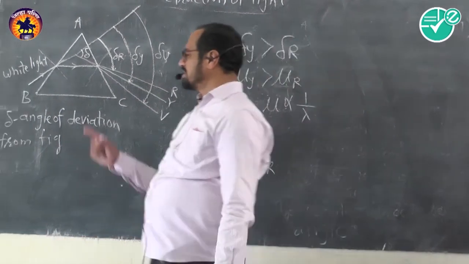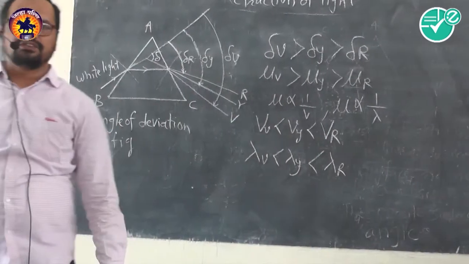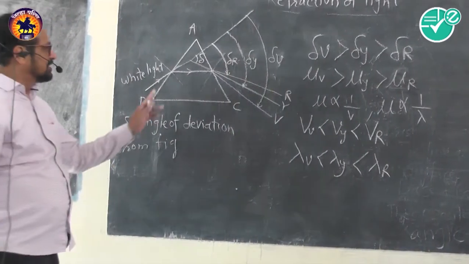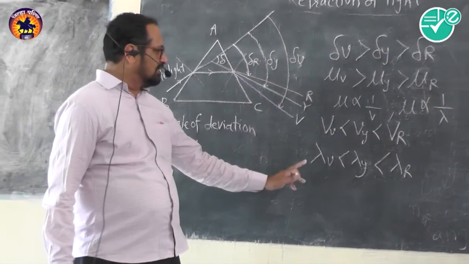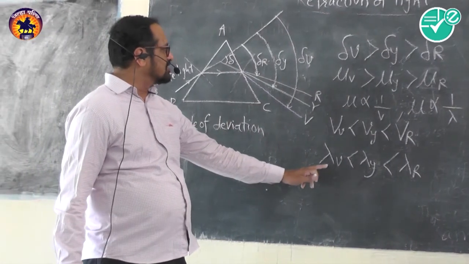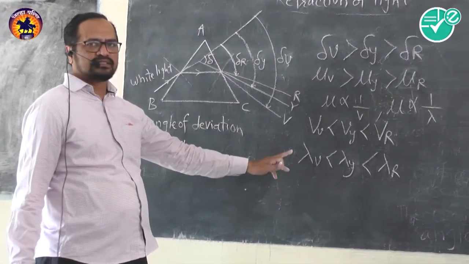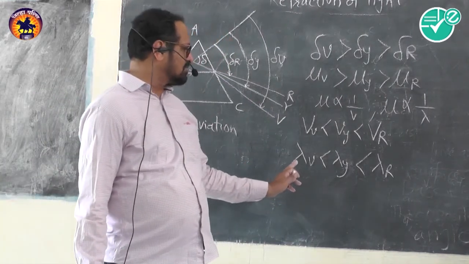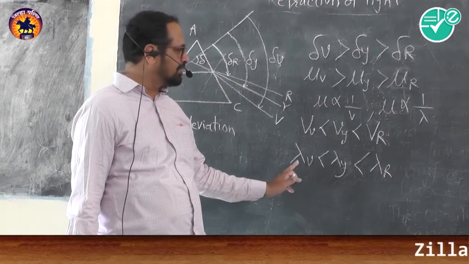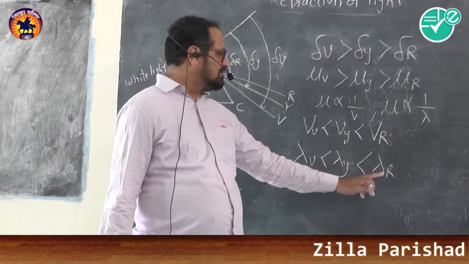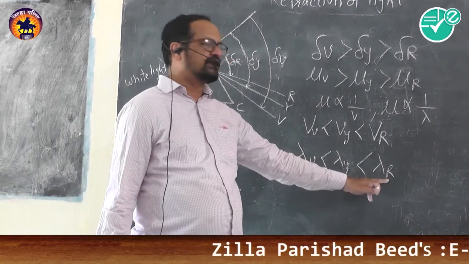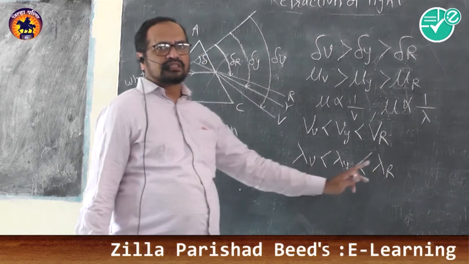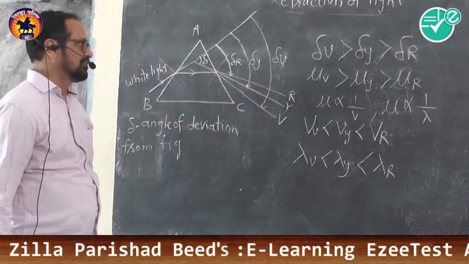So from this figure and the angle of deviation, we can obtain that the wavelength of violet color is less, that is nearly about 3600 angstrom unit, and the maximum wavelength of red color is nearly 7500 angstrom unit.